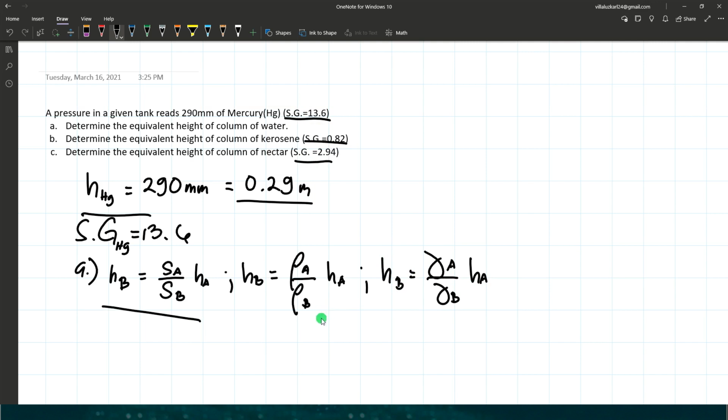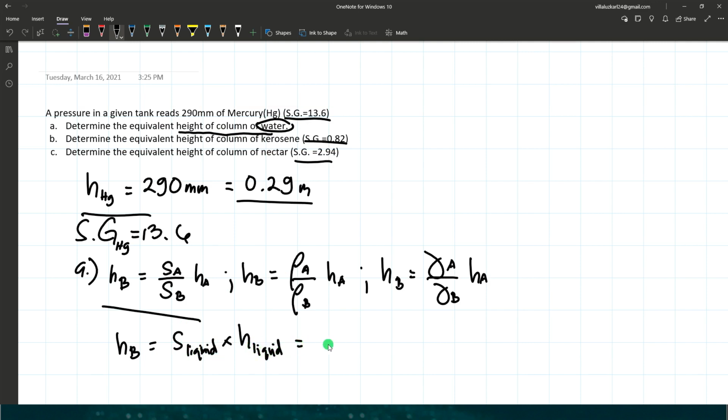But since on the first question, we are required to determine the height of column of water or the pressure head for water, we can just simply multiply the specific gravity of the liquid and its height.